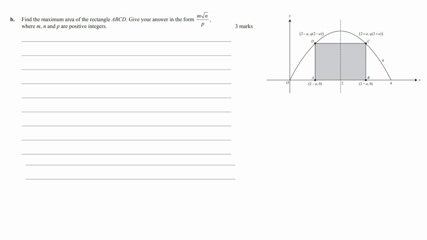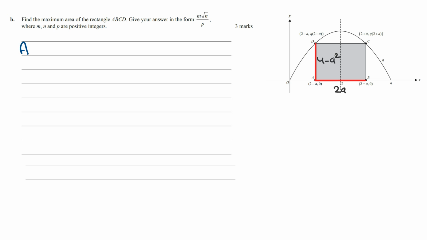To find the maximum area of the rectangle, we start by writing an equation for its area in terms of one variable. The area of the rectangle is found by its length times its width. We know that the length is 2a, and its width in terms of a is going to be 4 minus a squared.